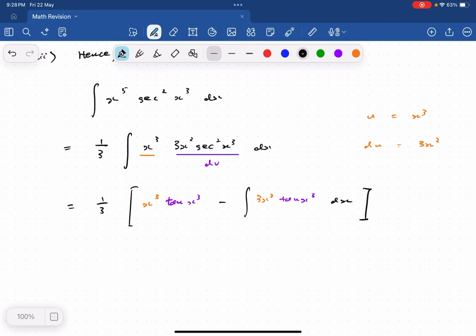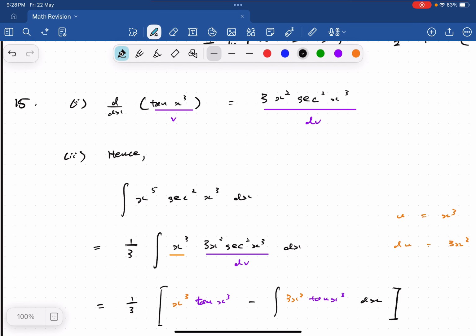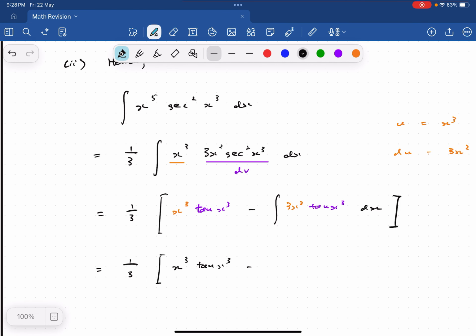And do you see this expression recurs here? So we know how to integrate from part A because we are given that. So this is going to be x cubed tangent x cubed minus 3x squared. Oh no, I'm so sorry. This is not, okay? You need to know how to integrate this.